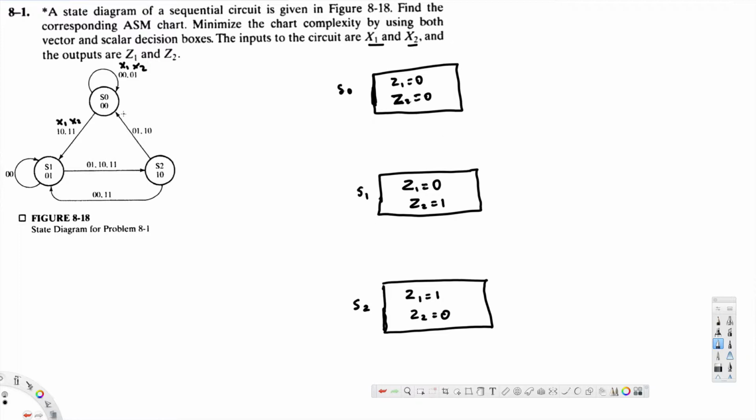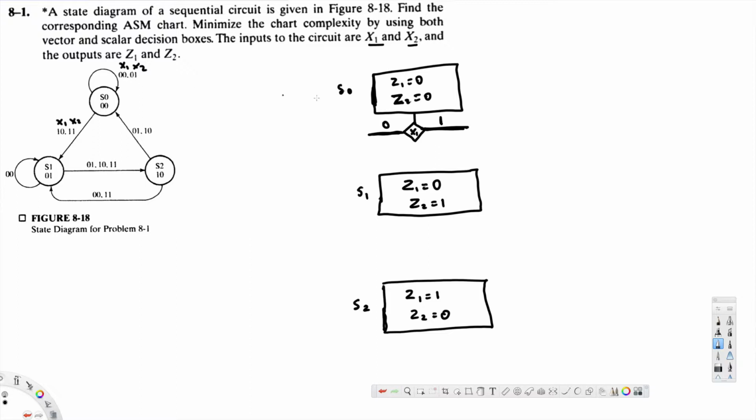Now here they have asked to reduce the complexity. Let's put the decision box right here. X1, okay, x1 has 0 and 1. Now if you look at this one, when x1 is 0, it doesn't matter what x2 is. X2 can be 0 or 1.